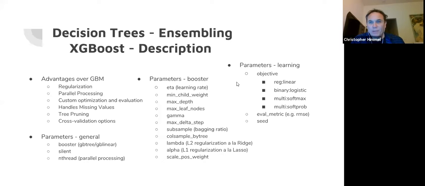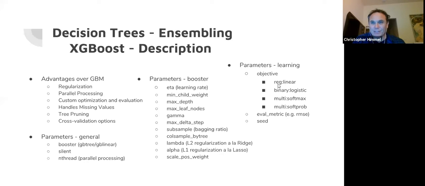Okay, so some other parameters for the learning part of this. So different objective or loss functions, these are the different optimizations you can do with this. It either can be the linear, binary, softmax, or soft probability. These have to do with if it's a classifier.